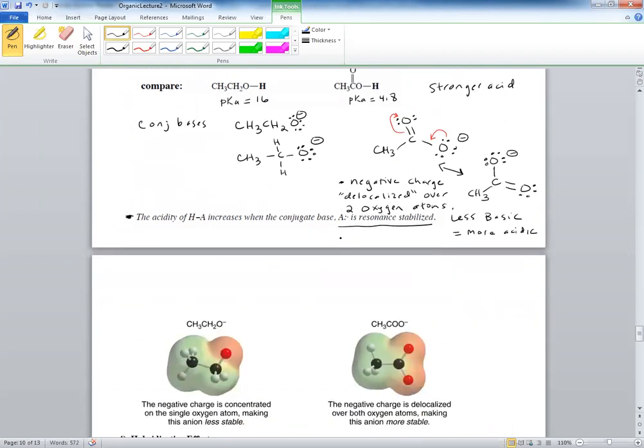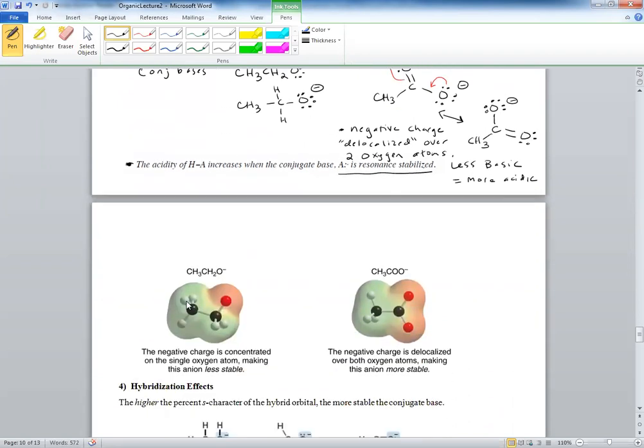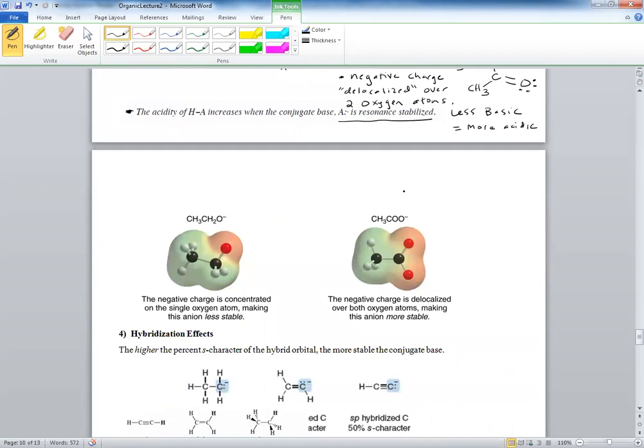And while we're here, you can actually look at it right here. If you look at this electrostatic diagram, a map of electron density, you notice that red means high electron density. Look how it's actually spread out over two atoms here, making the anion more stable.